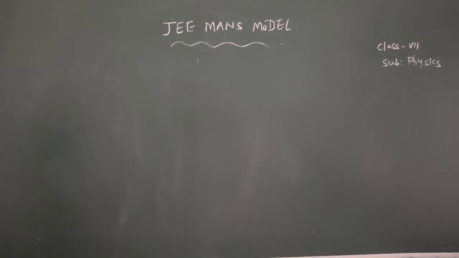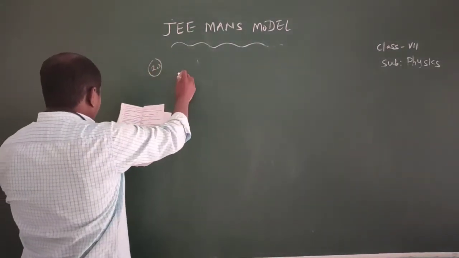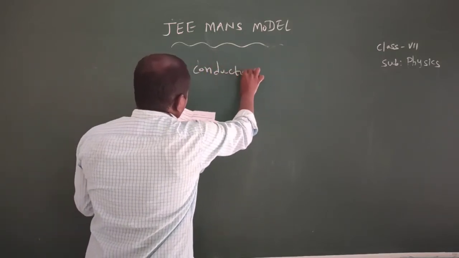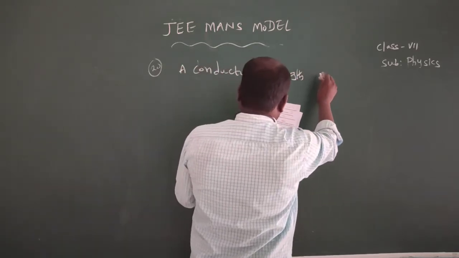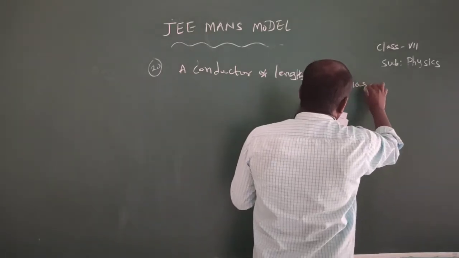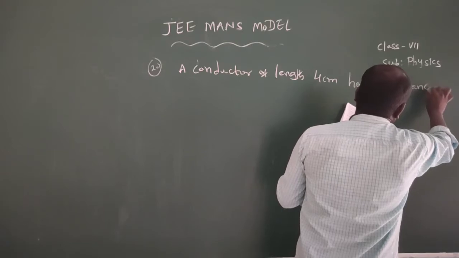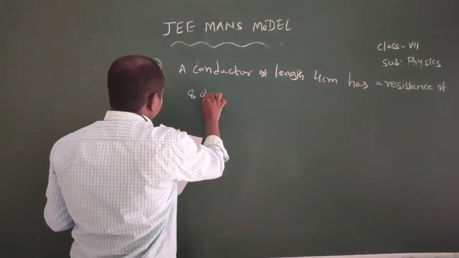Next one, question 20. A conductor of length 4 centimeters has a resistance of 8 ohms.